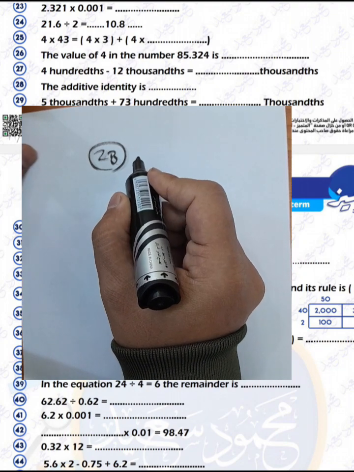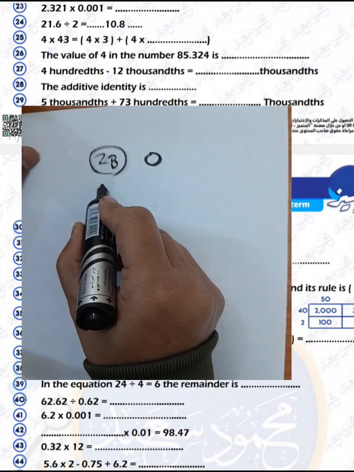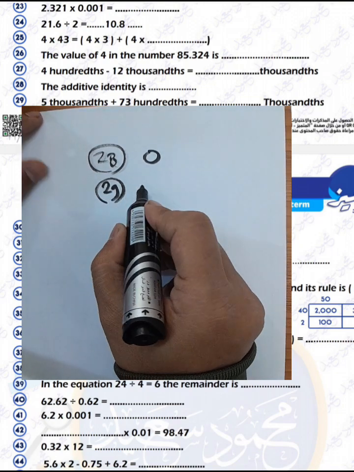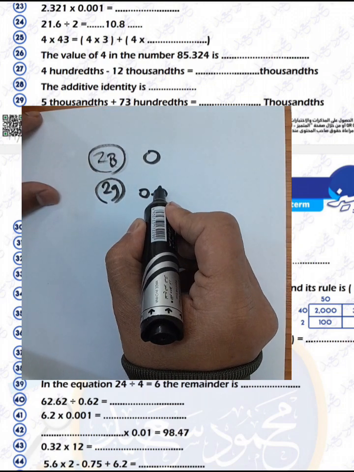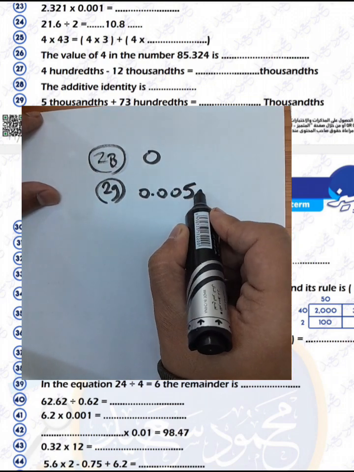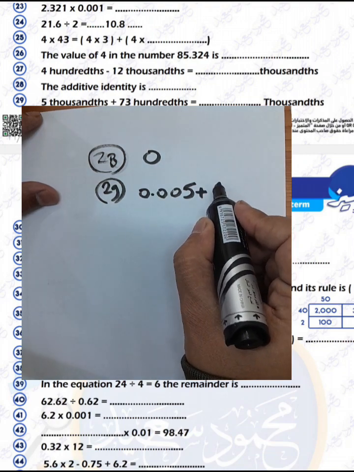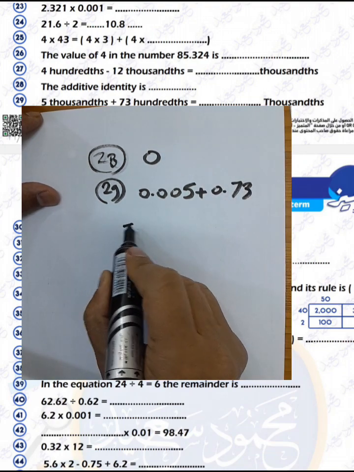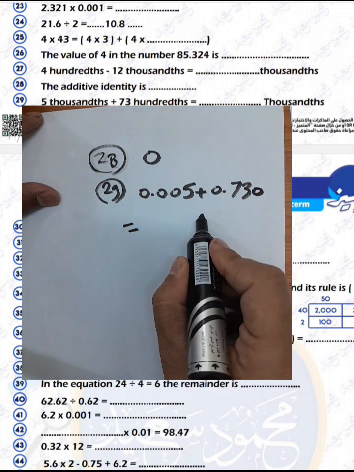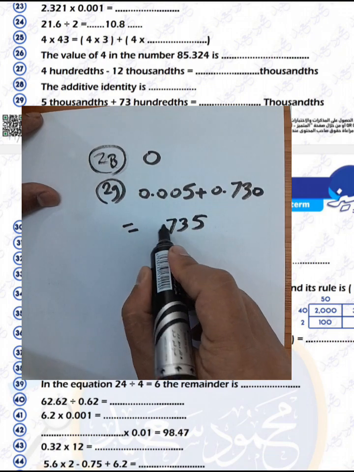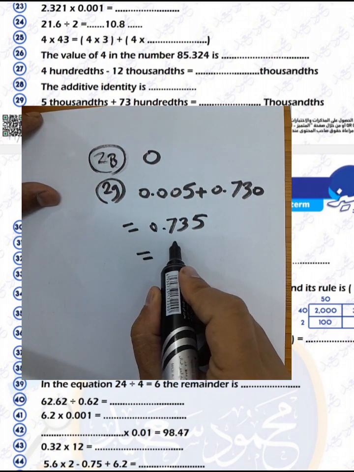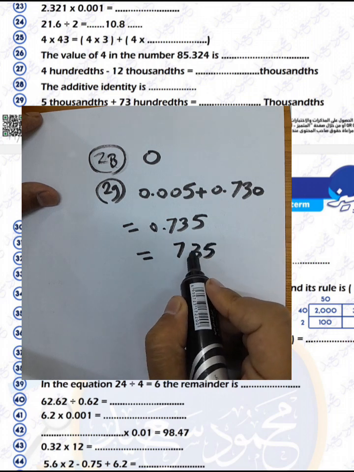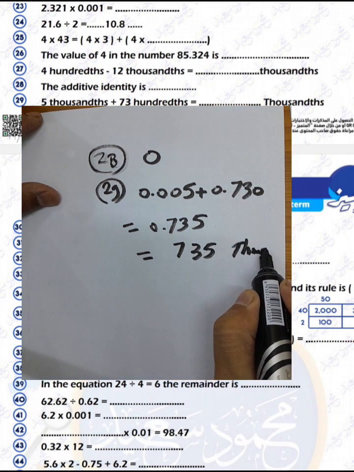The additive identity will be 0. Question 29. 5 thousandths plus 73 hundredths. We must equalize the parts. Right here 5, 730. It will be 735 thousandths.